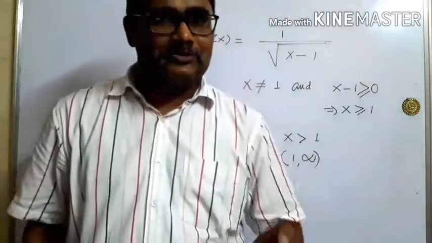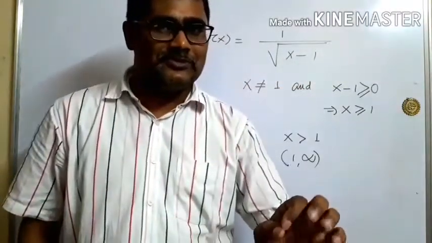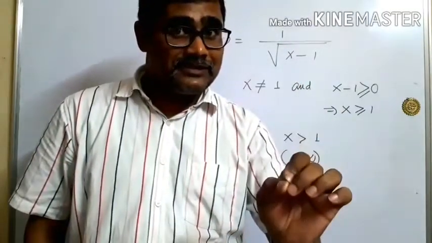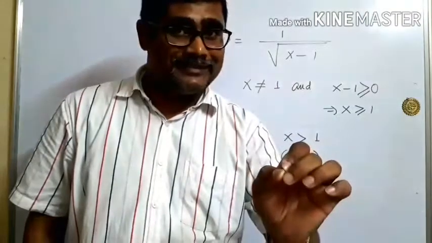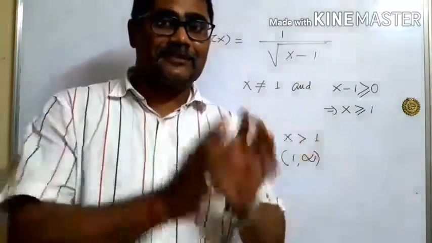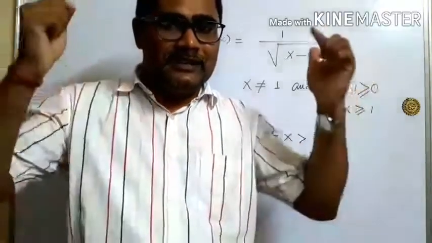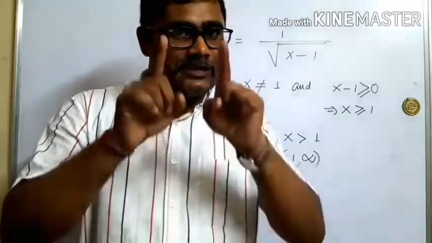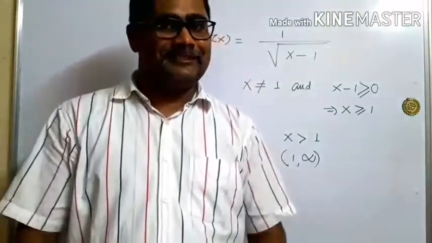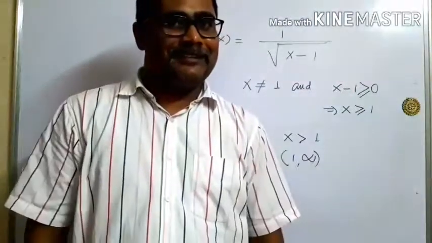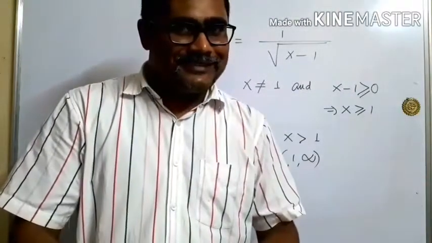So now a small task for you: please clear the definition of function and then do some workout like this roughly, so that your brain will get the information on what the domain is. Because once you are clear about the domain, then only we'll move on to the range.